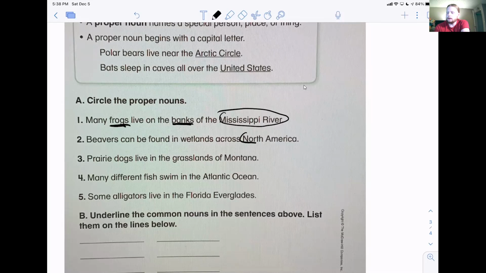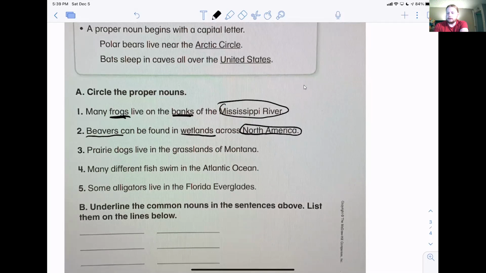North America is going to be our proper noun because it is a location where we are. Canada, Mexico, and the US are all a part of North America. Even though Mexico is considered Central America, it's still part of North America because we only have North and South America. Those are our continents. And a beaver is an animal, and wetlands is a non-specific place.